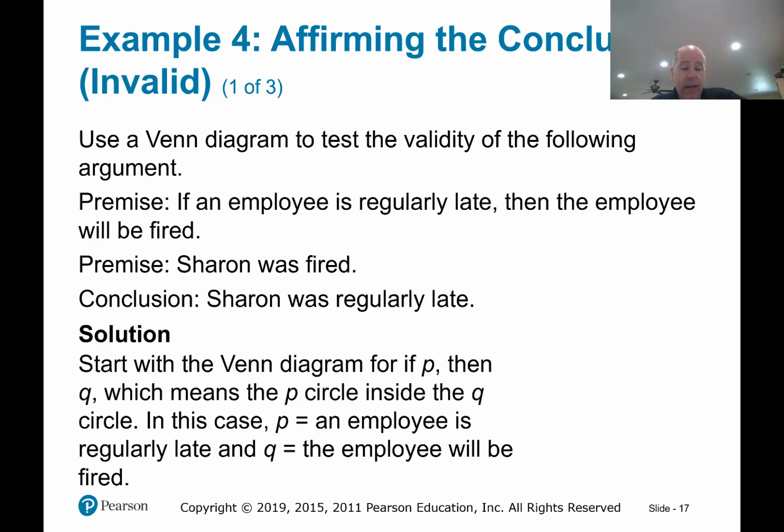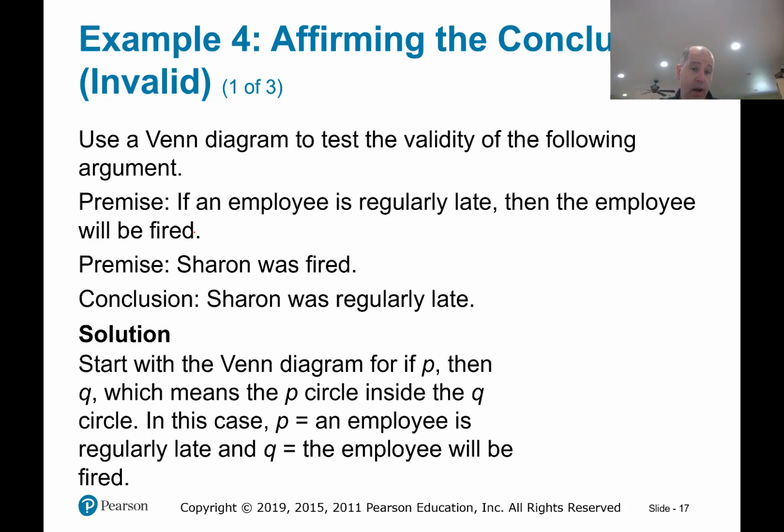But let's do the Venn diagram. Okay, so again, let's represent our circles, right? Our subject set and our predicate set. So we're saying, here's a great one: if an employee is regularly late, then the employee will be fired. Guess what? Remember the all statements?